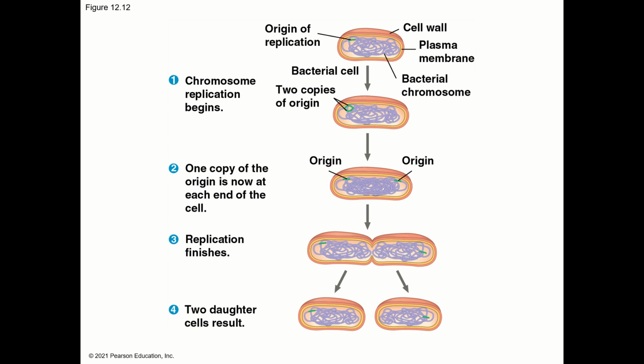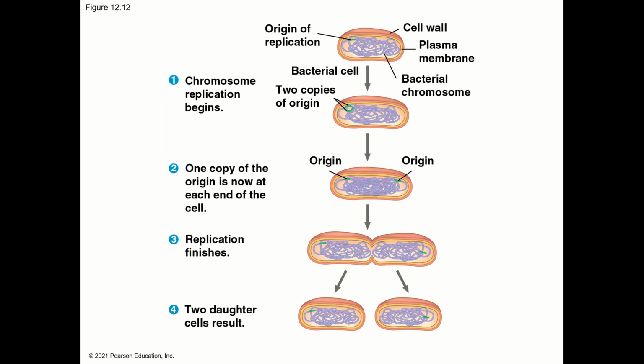Here we have the origin of replication, a cell wall, and a plasma membrane. Unlike in eukaryotes where there are organelles like the nucleus, for bacteria, the DNA is just freely floating within its cytoplasm.